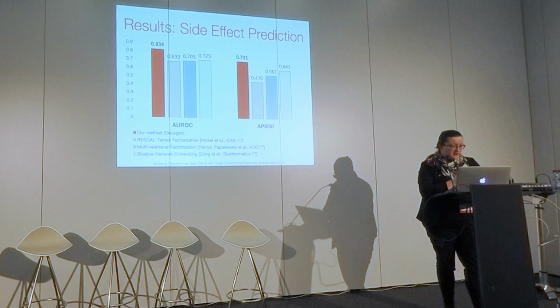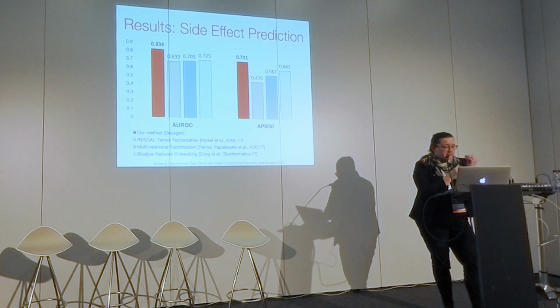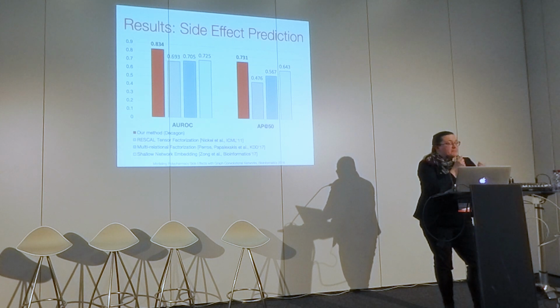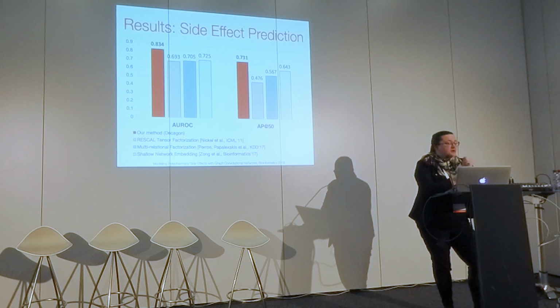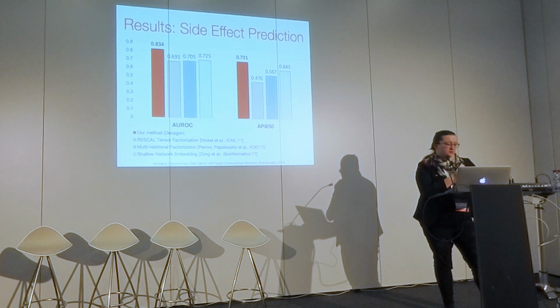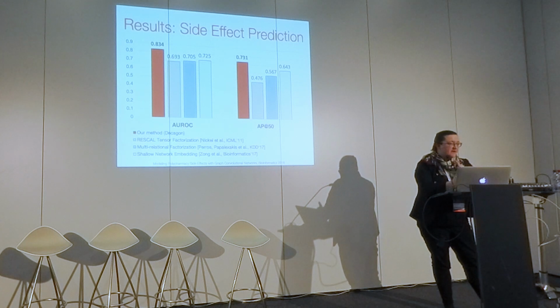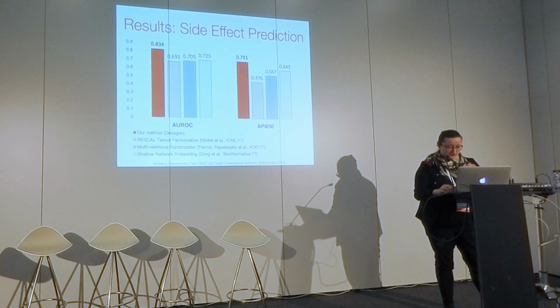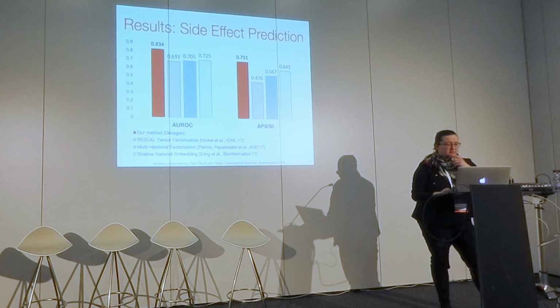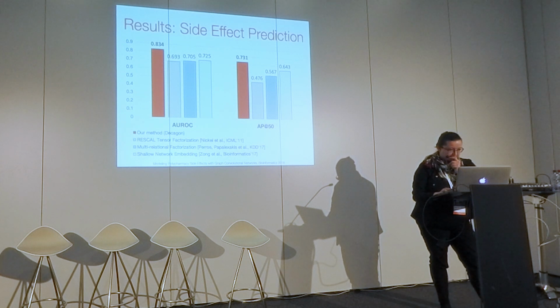And higher is better. You can interpret it as the probability that we will actually recognize the correct side effect associated with a combination of drugs. And comparison with different simplified variants of our methodology shows that all these components and the embedding-based approach are really important.